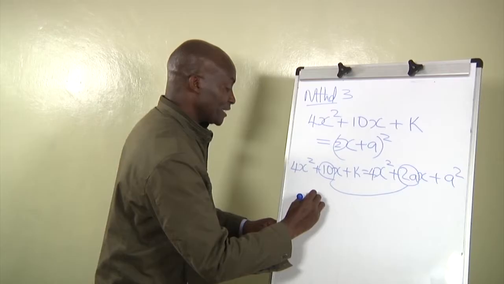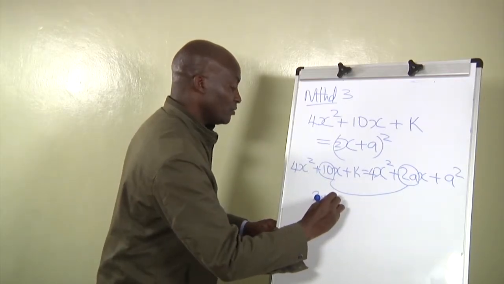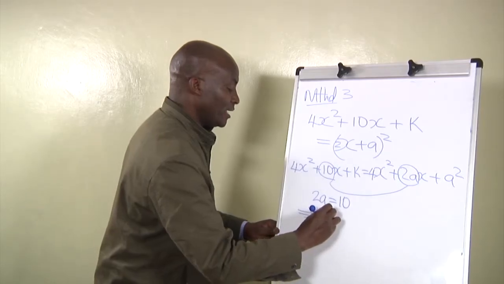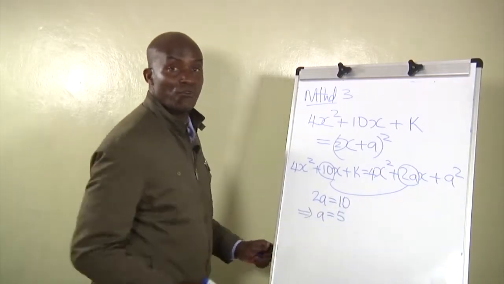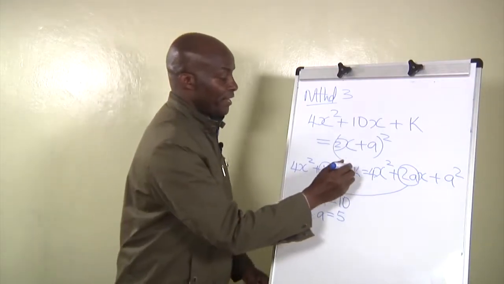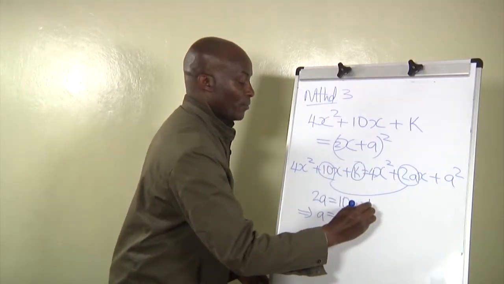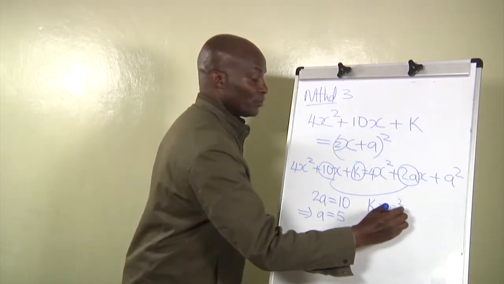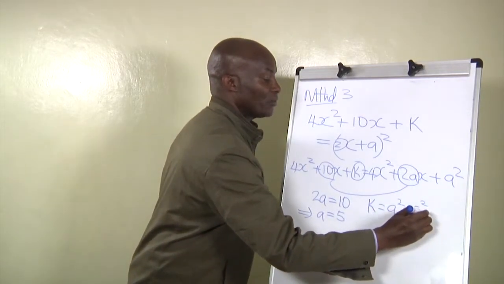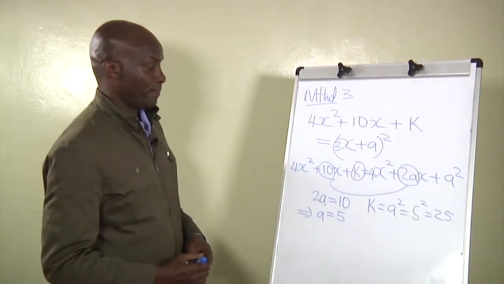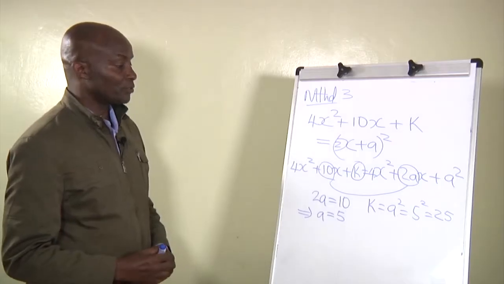So 2a equals 10, which implies that a is equal to 5. Then k will therefore be a squared, which is 5 squared, equals 25.